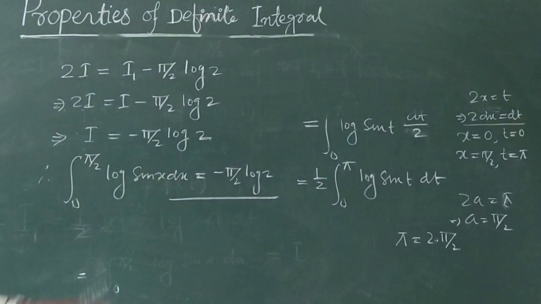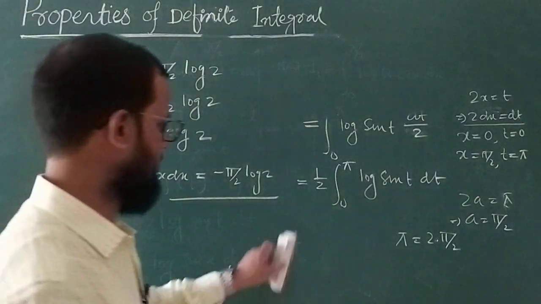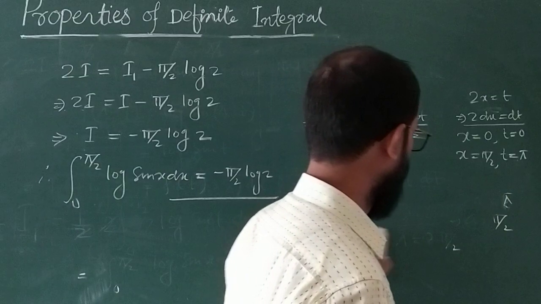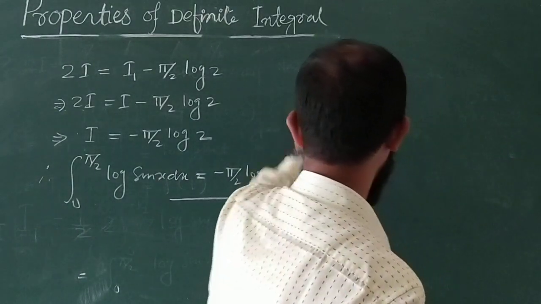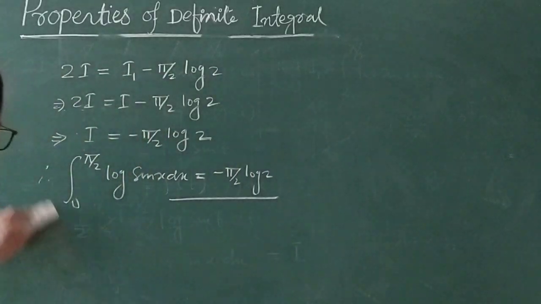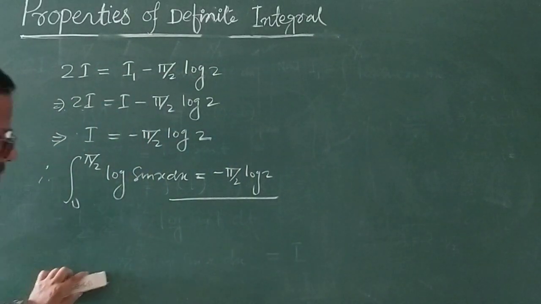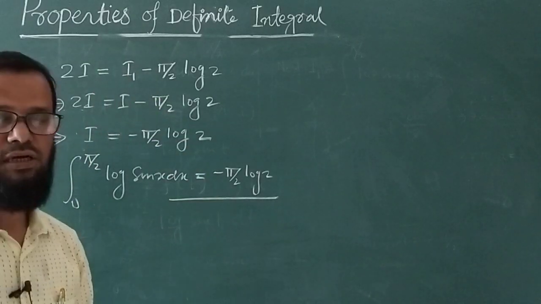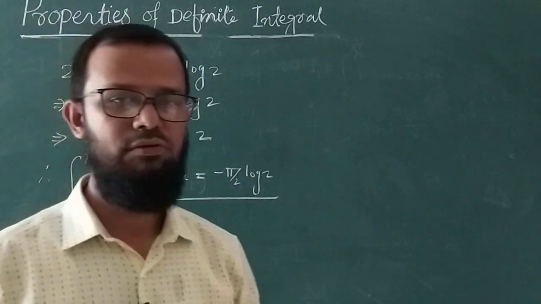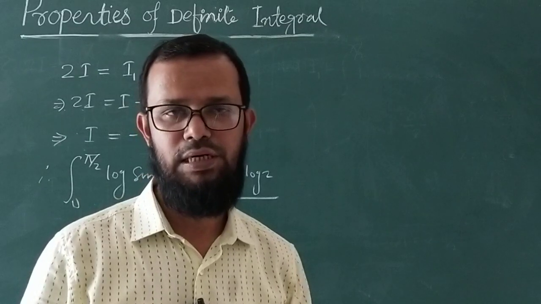So this question is a little bit lengthy, but interesting. If you go through the questions properly from the first to the last, then you understand every step of solving the problem. In this particular problem I have used two properties.